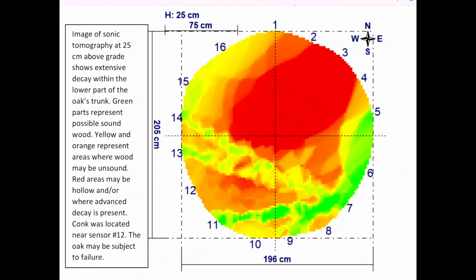Now here we are at 25 centimeters. The exact same type of test is done. We're only 10 inches above ground level, and you see more red, or maybe about the same red, but almost all of the green has been changed to yellow and orange, indicating that lower down on the tree there is far less structurally sound wood, and this is a good tree to support.